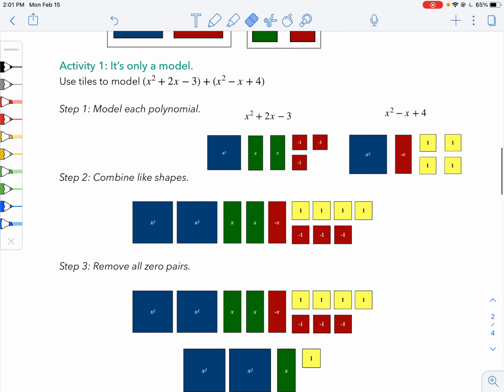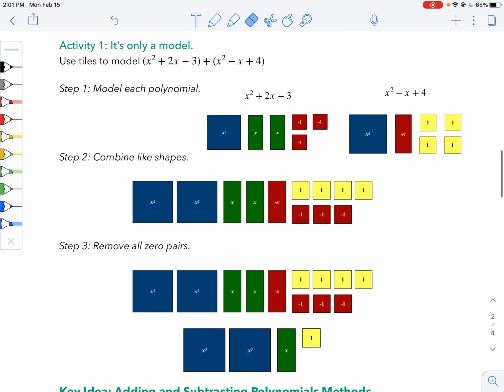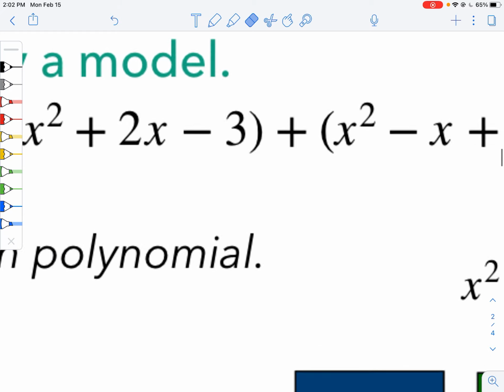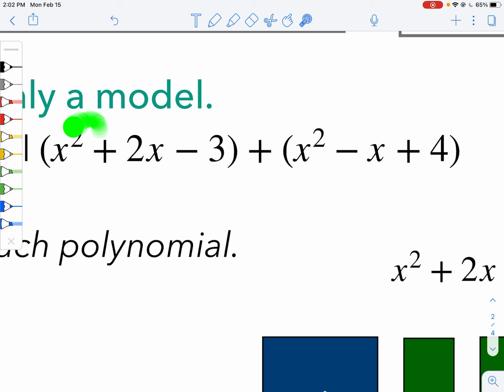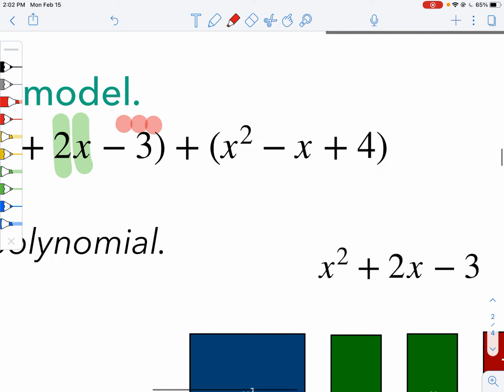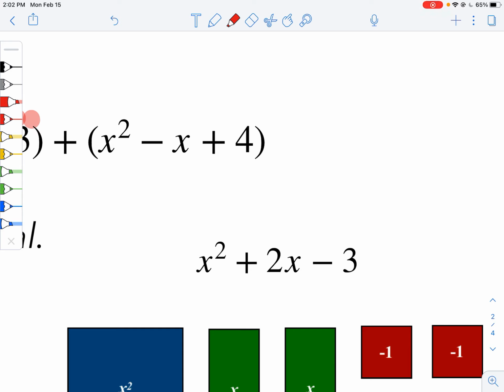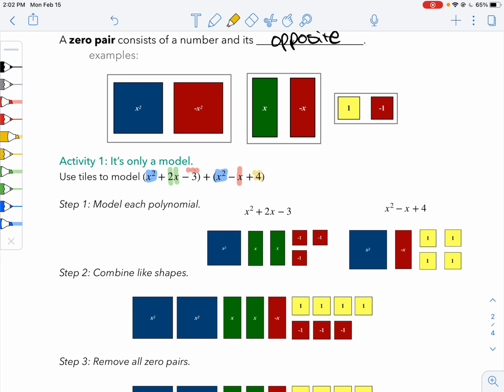I'm going to walk you through a model. I'll read it with you. So if I want to represent this sum, x squared plus 2x minus 3, plus x squared minus x plus 4, then I can take my tiles and add them up together.